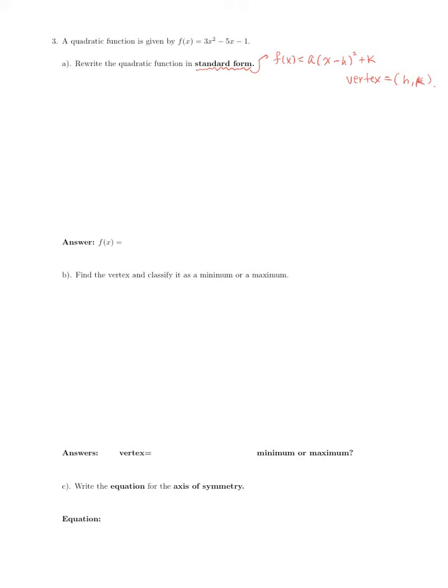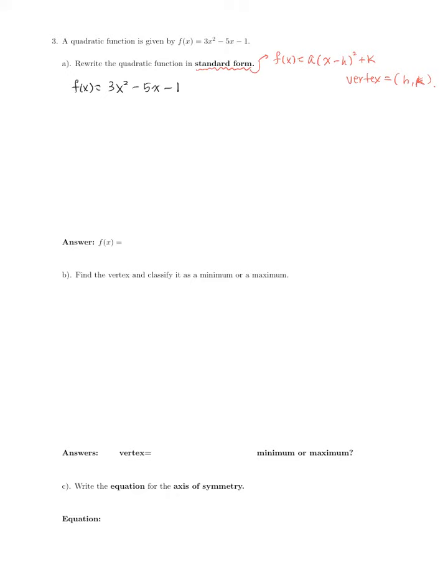All right, so in order to make the general form into a standard form, we're going to have to complete the square. All right, so let me just write it out. F of x equals 3x squared minus 5x minus 1. Now, in order to complete the square, the leading coefficient has to be 1.